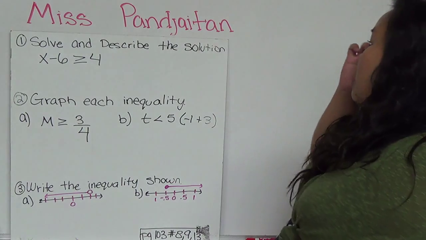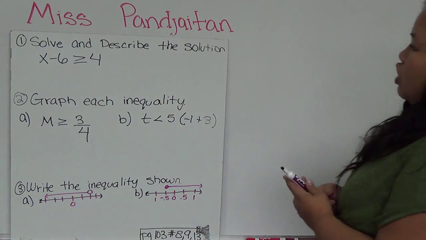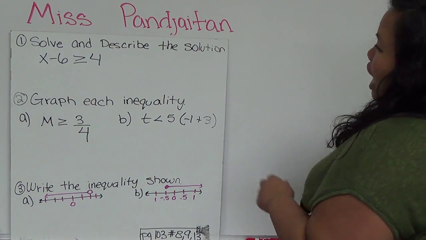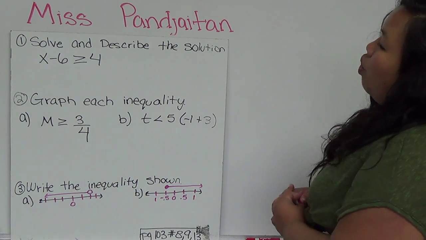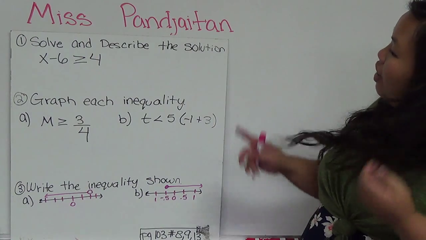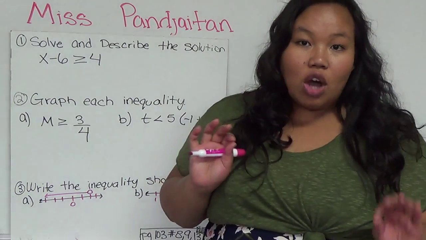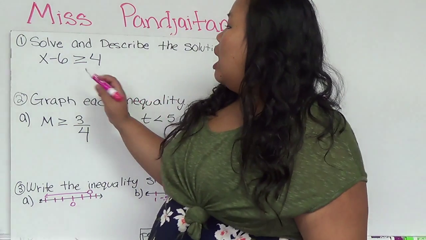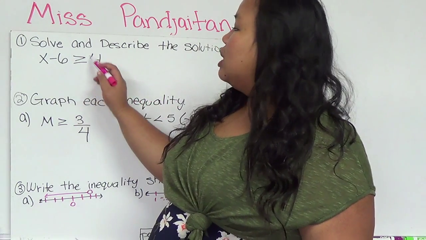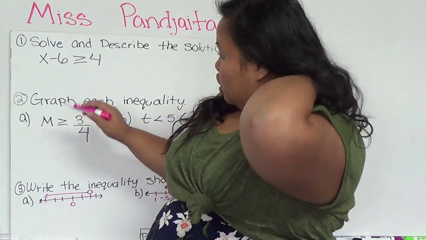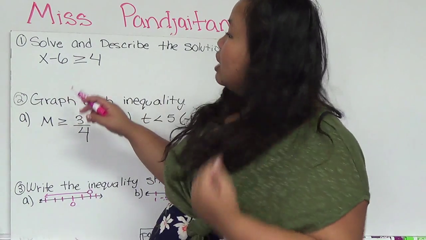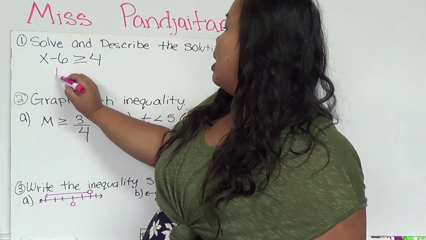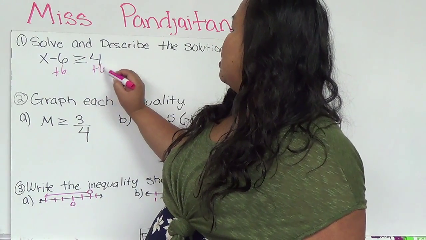All right, so this one is asking us to solve and describe the solution. So I want to put what's happening here in words, but in order for me to do that, I need to isolate x. X always needs to be isolated, okay? So in this case, I'm going to treat this like an equal sign. So if I have x minus 6, I need to get rid of x's friends, which is -6, so I'm going to add 6 to both sides.